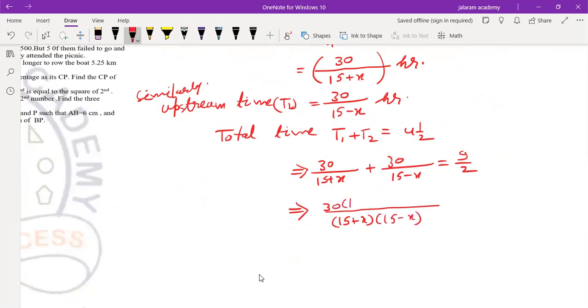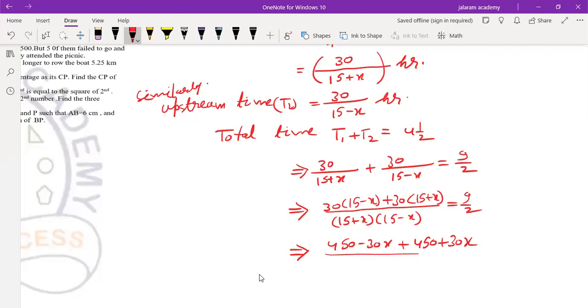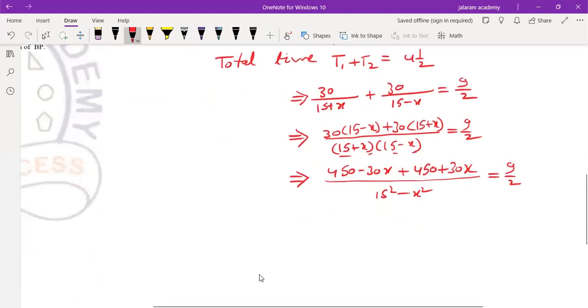So 30 into 15 minus x plus 30 into 15 plus x over it equals to 9 by 2. It implies 30 into 15, 450 minus 30x plus 30 into 15, 450 plus 30x, opening the bracket, over 15 square minus x square, using a plus b into a minus b. It is equal to 9 by 2.